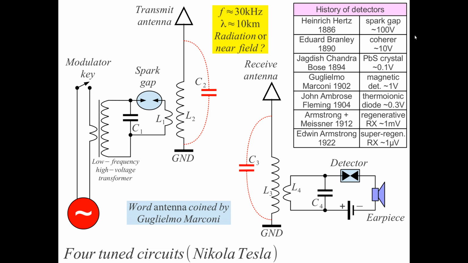So things really evolved in the receiver, not just the transmitter. Spark gap had its own poor efficiency, but all these people used spark gaps. But on the other hand, the receivers were much improved. Much larger improvements could be seen here in the receivers.